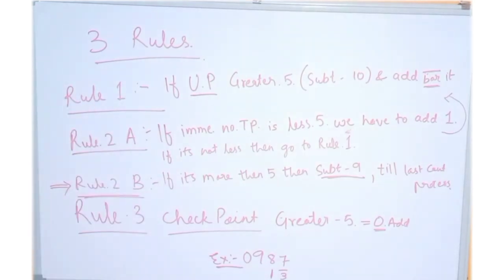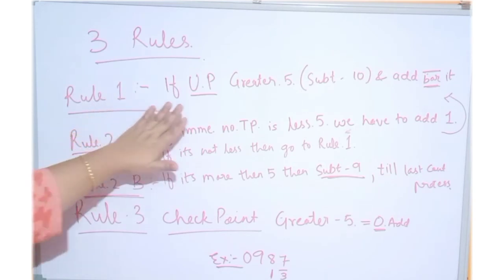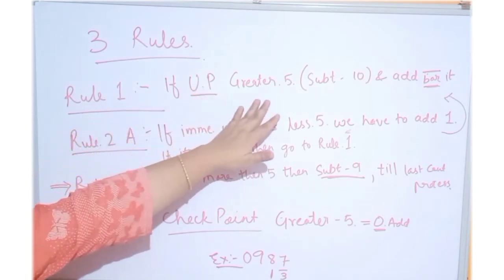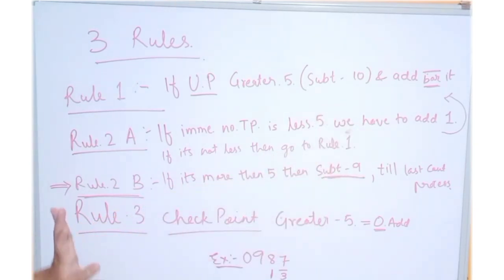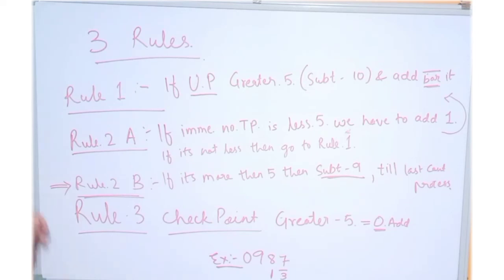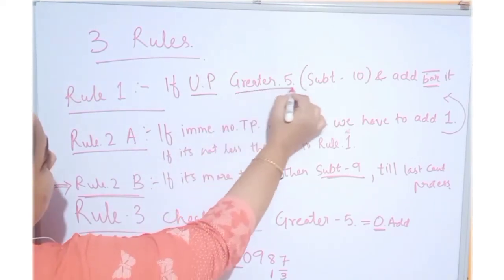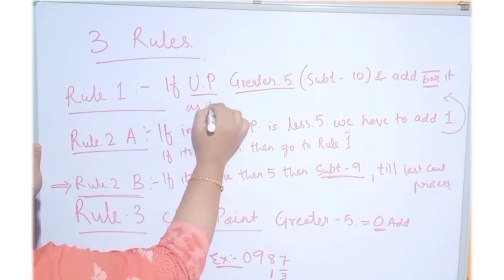I'll repeat the rules once again. This is the bifurcation and explanation of the vinculum number rules. Rule number 1: if the unit place is greater than 5, we have to subtract from 10 and add bar to it. I hope it is clear to you. If it is not greater than 5, if it is below 5, we write it as it is.